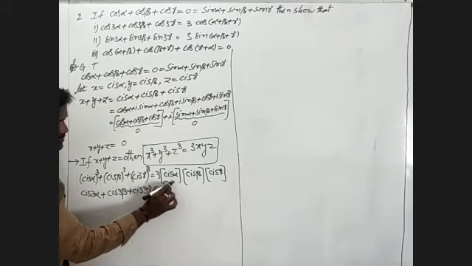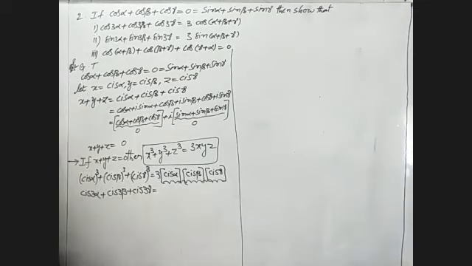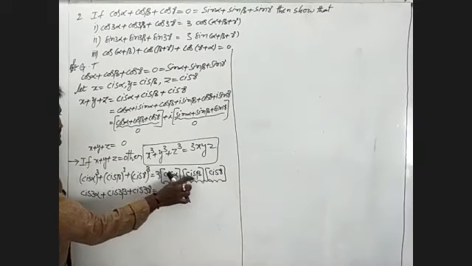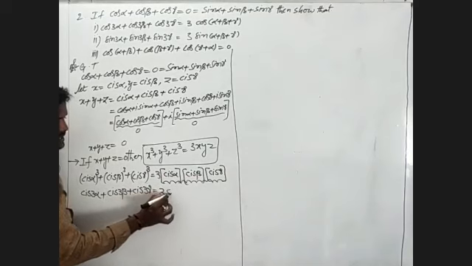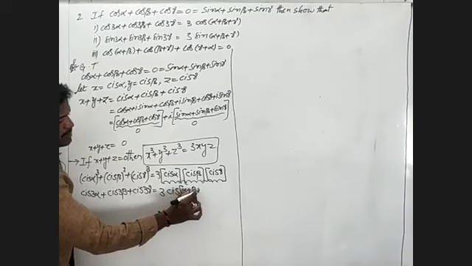We already know one formula: cis alpha into cis beta is cis of alpha plus beta, and cis alpha into cis beta into cis gamma is cis of alpha plus beta plus gamma.